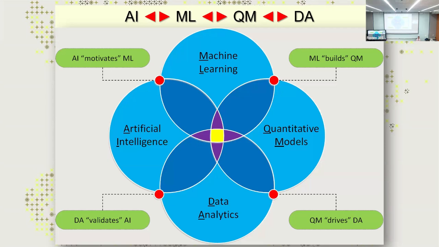Okay? But I would say that at least spiritually, machine learning was born out of the wish to program a computer to imitate humans. But now machine learning is not a subset. You see a lot of YouTube videos try to say this is a subset of that, this is a subset of that. Not true. In some meaning, yes, machine learning is a subset of AI because you use machine learning to build an AI model, right?